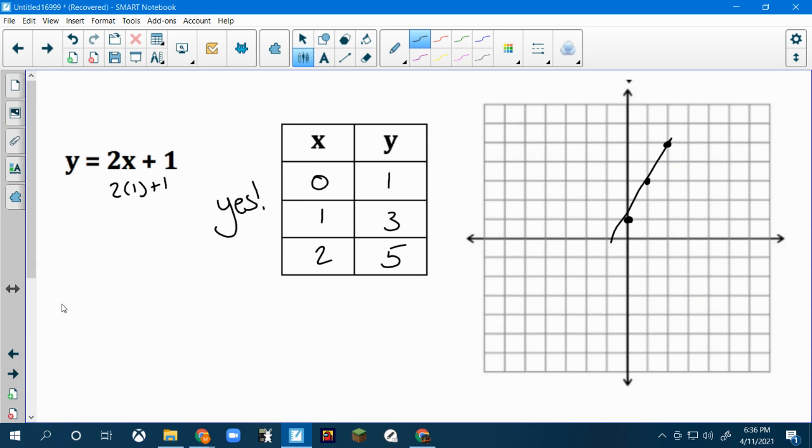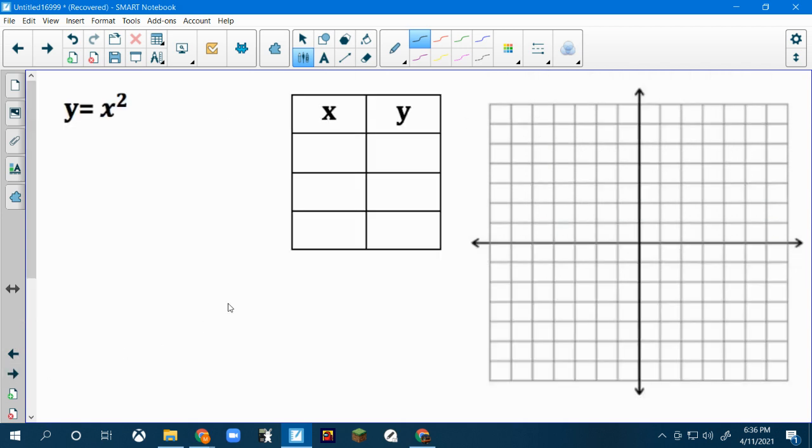Let's keep going. Try some more. Y equals x squared. If x is 0, 0 squared equals 0. 1 squared equals 1. 2 squared equals 4. Fun thing about this, negative 1 squared is 1.